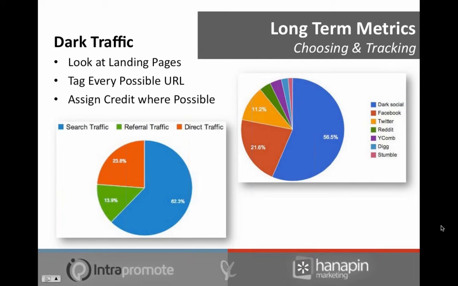But Twitter, LinkedIn, an email campaign, email links, so many people are not tagging those, so that when your newsletter readers click over to your site, unless you've tagged that URL somehow, it's not being attributed to your email marketing campaign. So that's absolutely critical.